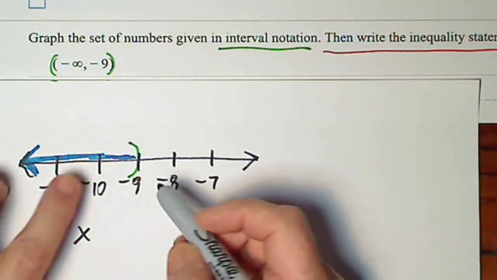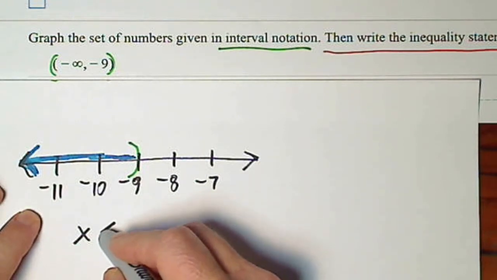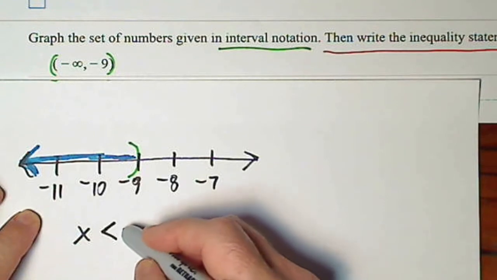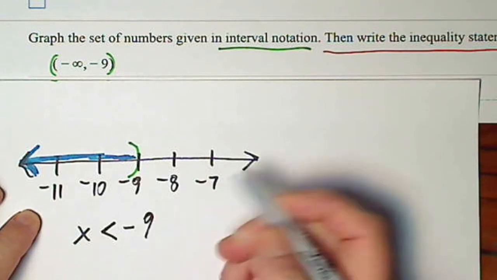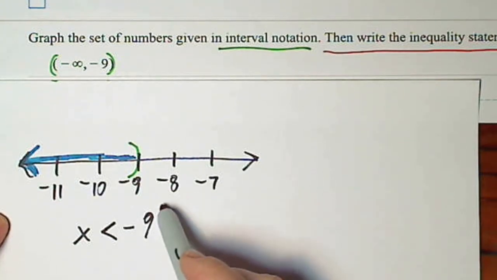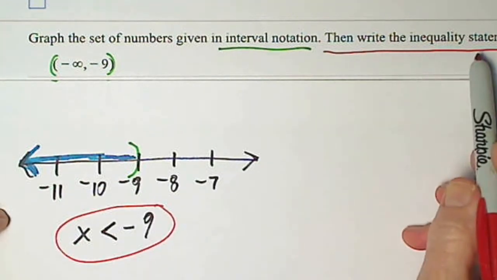X is less than negative 9. Notice in this case we did not say less than or equal. It is less than negative 9. It can never be actually negative 9. So that's our inequality statement.